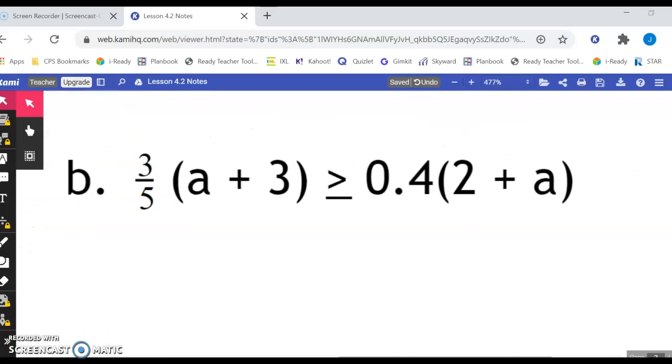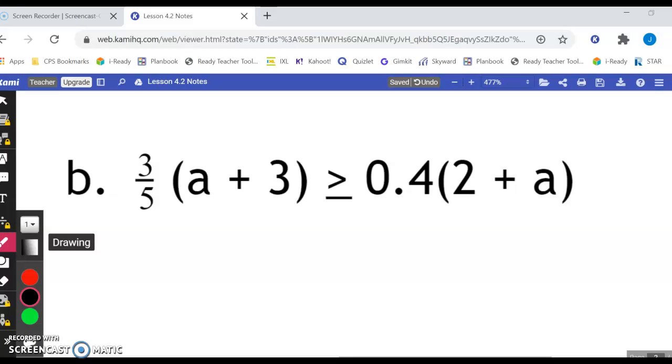Okay, and then we're going to see one with a lot of fractions, some decimals mixed in. We're going to have to work on trying to consolidate those.